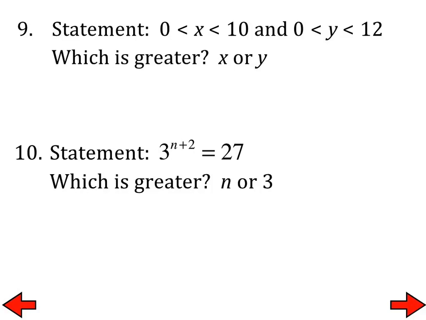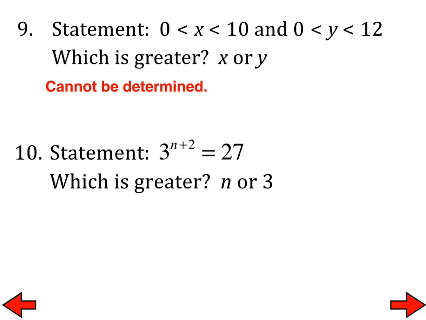Because x can be any number between 0 and 10, but y can be any number between 0 and 12. So y could be 11 and x 2, or x could be 10 and y 3. Yeah, you could come up with a situation where they're the same. You could come up with a situation where x is bigger than y, and you could come up with a situation where y is bigger than x. You can't determine it. So it cannot be determined in that one.